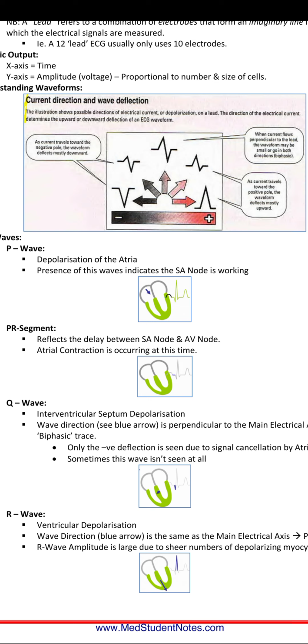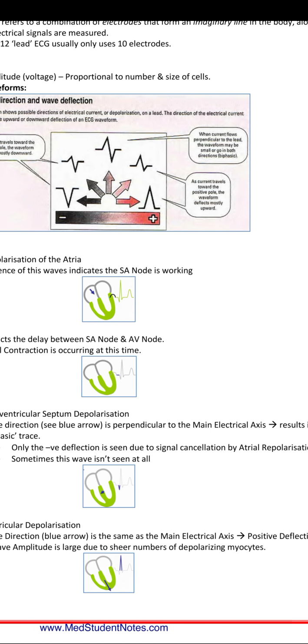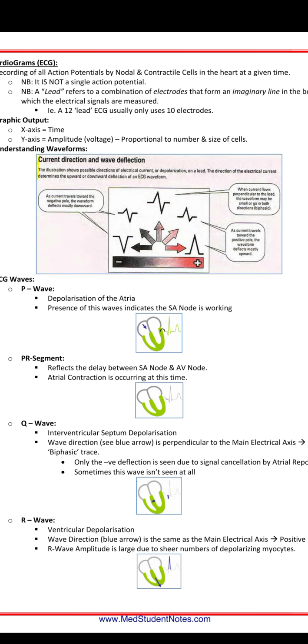So where is the electrical axis? The electrical axis is not perpendicular; it is parallel. When it is parallel, it shows an increased positive form, with the waveform deflecting upwards. The waveform deflecting upward is the R wave.